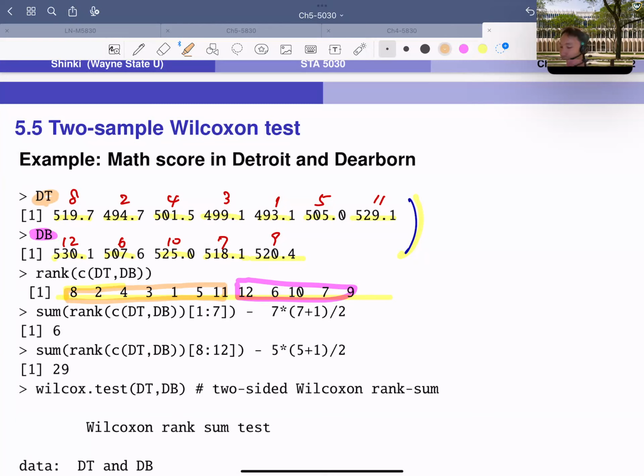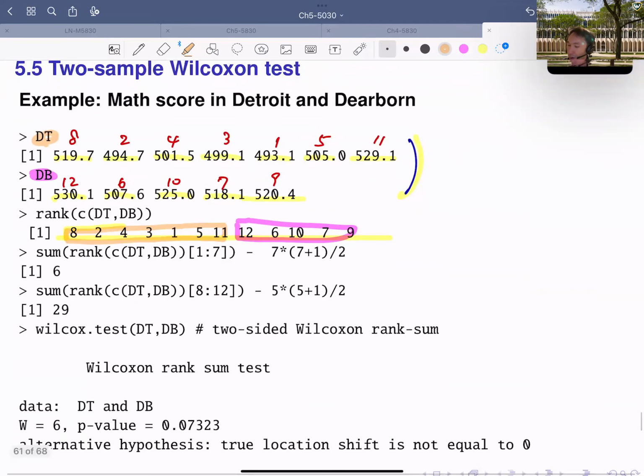You can see in the ranks, most of the low ranks are in Detroit: 1, 2, 3, 4, 5 are in Detroit, and the others are 8 and 11. But for Dearborn we have 6, 7, 9, 10, 12, so it's much larger. Using this information we can test. Of course, we lost a lot of information, the concrete numbers, but even so, based on ranks we can still test, and we have fewer assumptions on the distributions of these two districts.